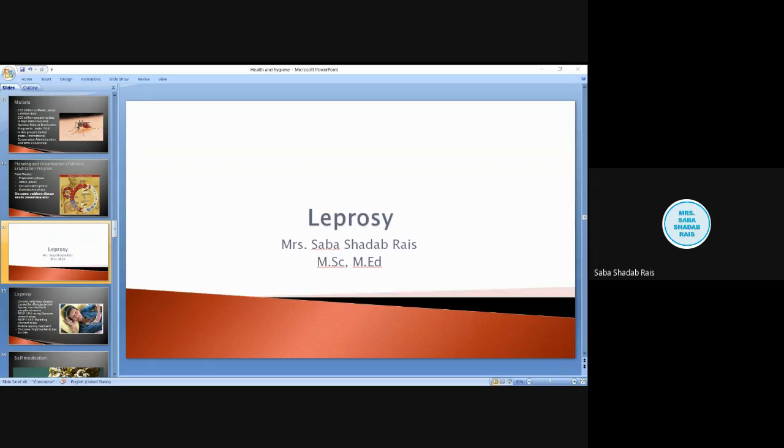The first two phases of NLEP were funded by the World Bank, and it was completed in 2004. The project was continued on the same guidelines with Government of India funds and support from the WHO and the International Federation of Leprosy Elimination. Because if any pandemic is there, the country's budget alone cannot afford a particular disease.